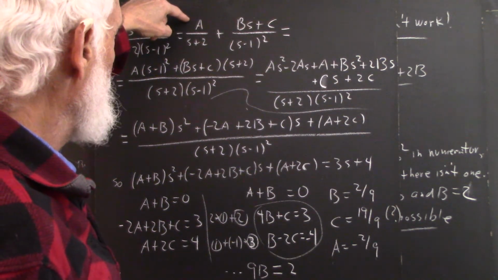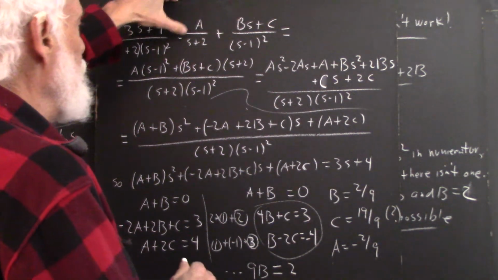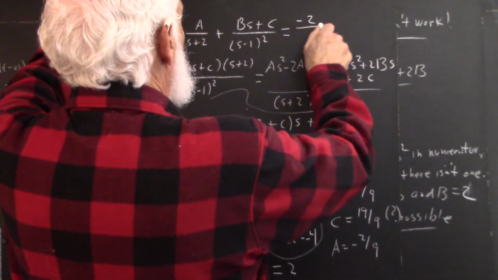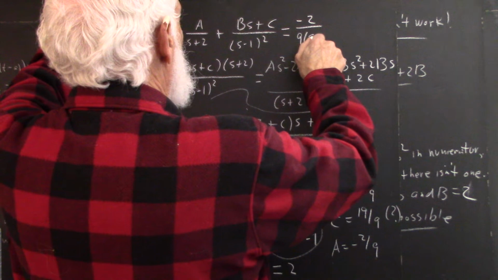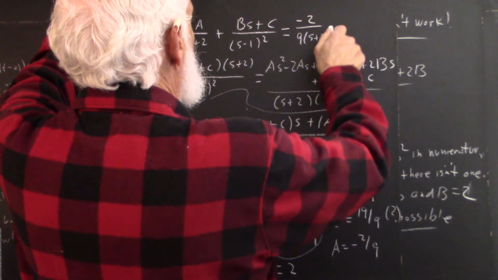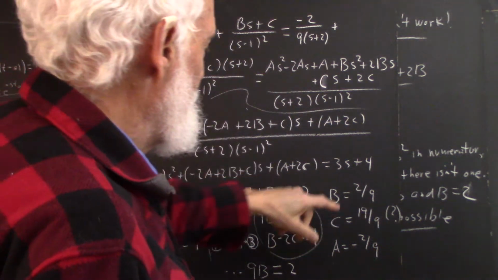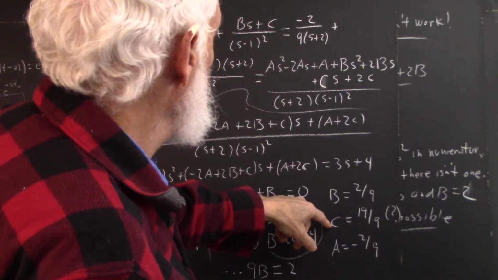A is negative 2/9. So A over s plus 2 would be negative 2 over 9 times s plus 2. And then it's plus bs plus c.